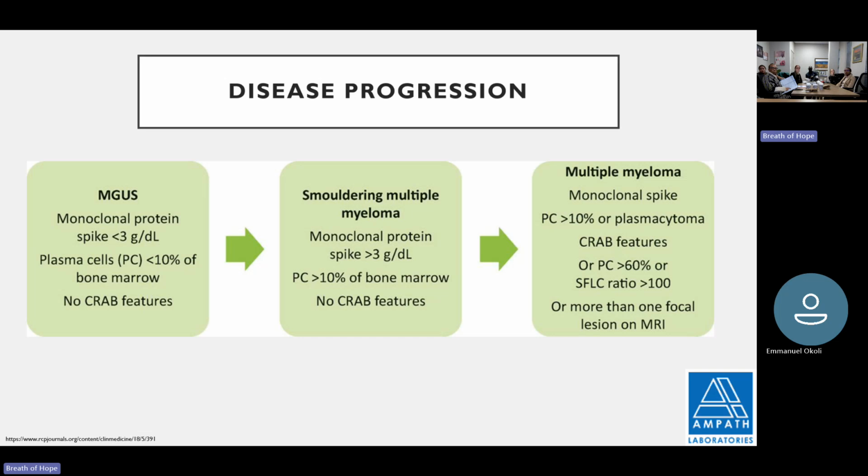Also note that if your plasma cell percentage within the bone marrow is more than 60%, it is a multiple myeloma. And if your serum free light chain ratio, like I mentioned in the beginning, is skewed, like more than 100 kappa or more than 100 lambda, it also will fulfill the criteria of a multiple myeloma. It's also important to look for lytic bone lesions because that is also one of the criteria that you need to exclude end organ damage.